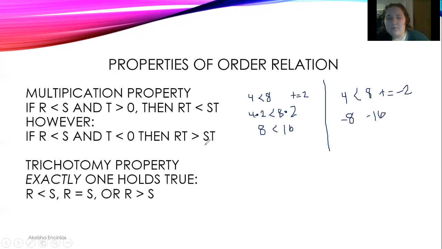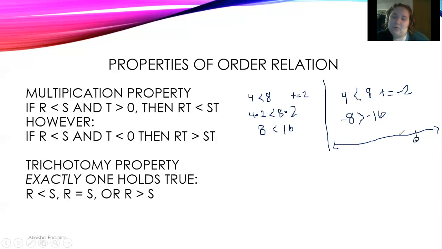Now, this one says that if R is less than S and T is less than 0, then R times T is going to be greater than S times T. So let's take a look at that. The numbers look bigger on the right side, but if you get on a number line, I know my lines are never straight, you'll remember anything to the left is less than the number to the right. And we're past 0 on the left, remember?